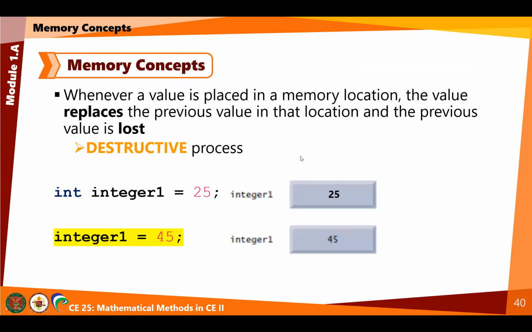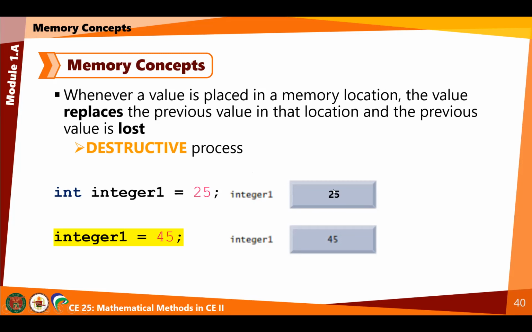So what happens here is that I declare integer 1 as an int. And then I assign a value of 25 to integer 1. So in the memory space here, I have a value of 25.